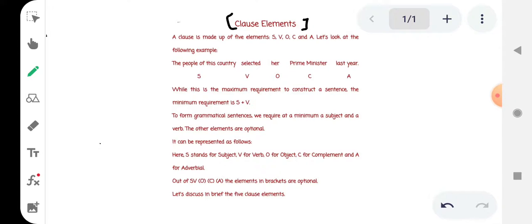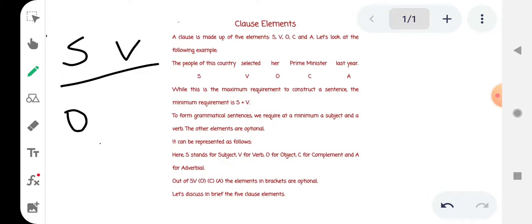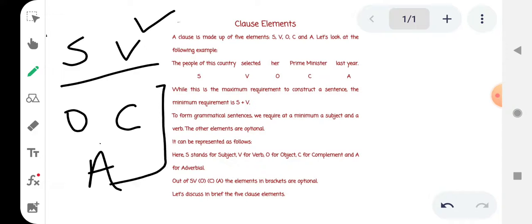A sentence cannot be formed without a subject. A sentence cannot be formed without a verb, but a sentence can be formed without an object, without a complement, and without an adverbial. These are the two minimum requirements and these are the maximum requirements of a sentence.